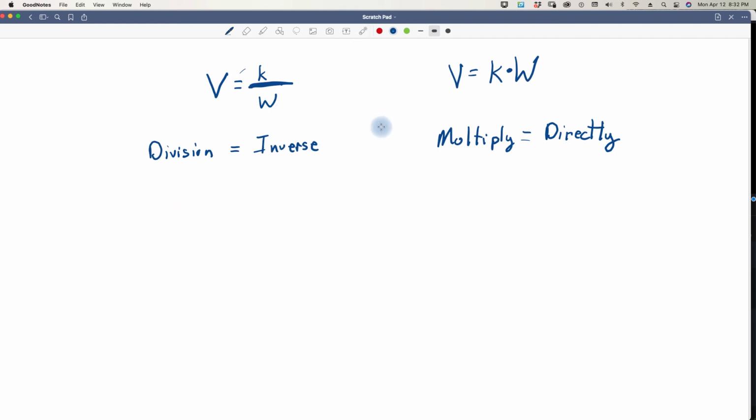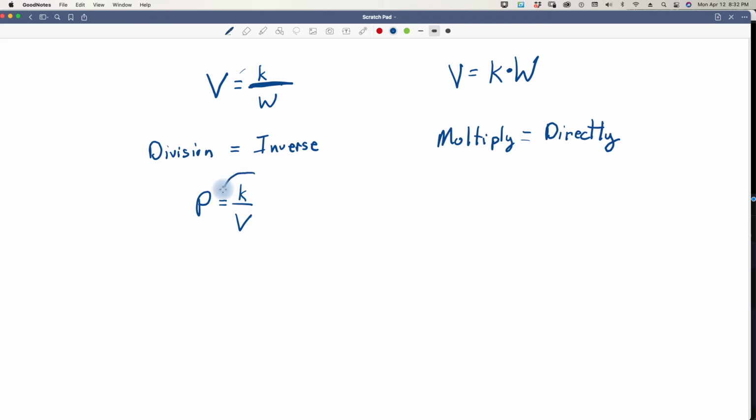All right, so now we can do some statements. If you were to hear a statement that said, the pressure of a perfect gas varies inversely as the volume, that's what you would write.